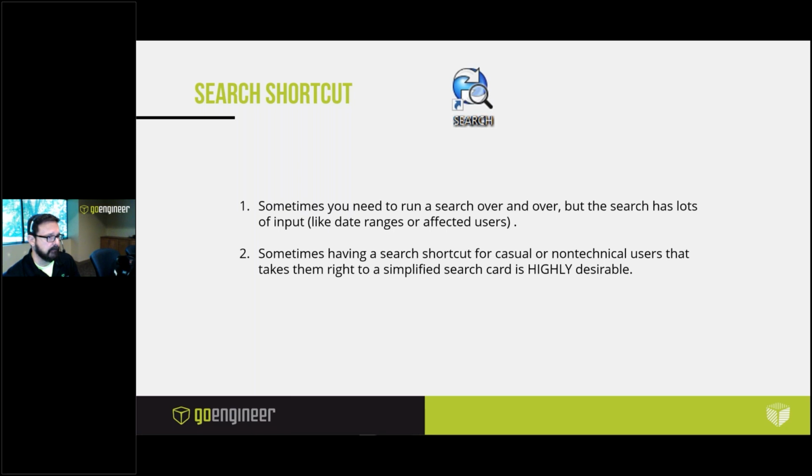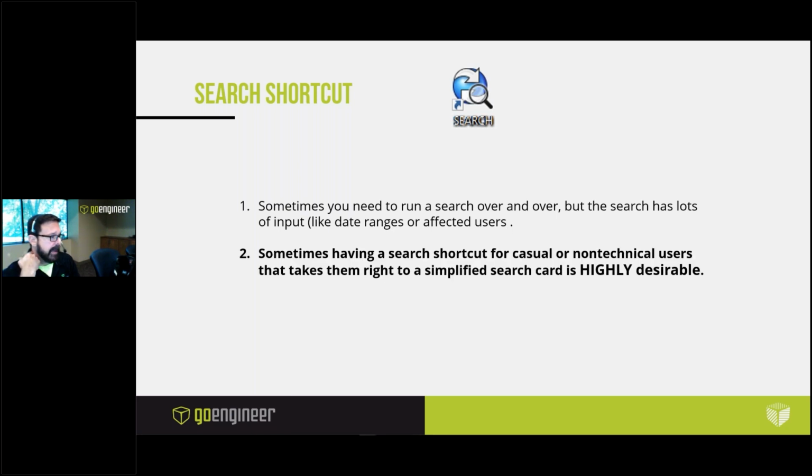They're not SOLIDWORKS users, they're not in engineering, they use different systems, so they're not used to PDM and they don't know the user interface real well and all that kind of stuff. And if you've brought up the full-blown search tool, there are a lot of fields and buttons and switches and things like that. So it can be really desirable to have a simplified search.